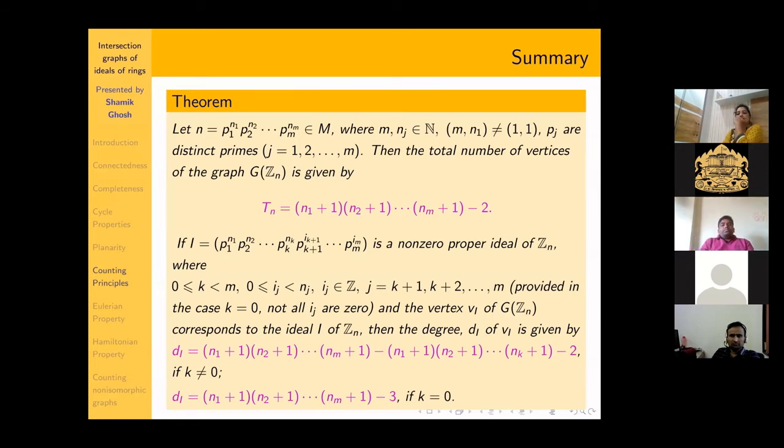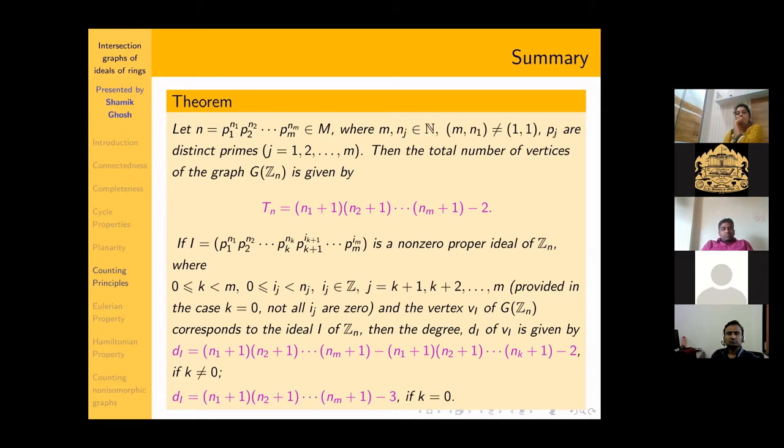So n belongs to M means the vertex set is non-void. Suppose n is the expression p1 to the power n1 up to pm to the power nm, then the total number of vertices is t(n), given by the formula written in magenta.